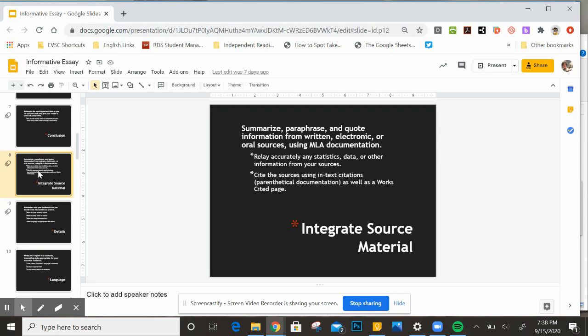And these are best used to let some expert talk in your paper. Most of us, the vast majority of us, are not experts in the topic that we're writing about. But these outside experts, they are. So when we use a quote, it's like they're talking directly to the reader. It can be very powerful.